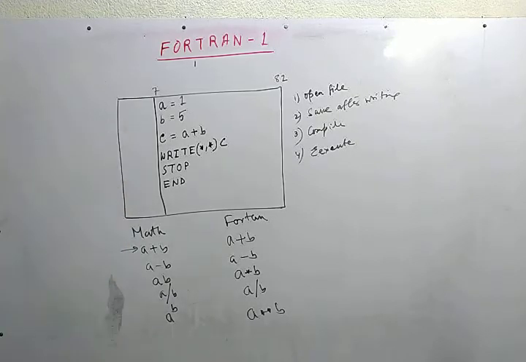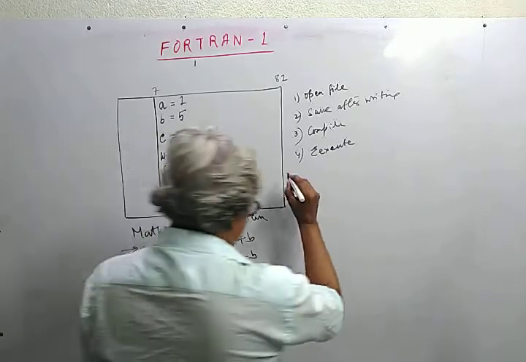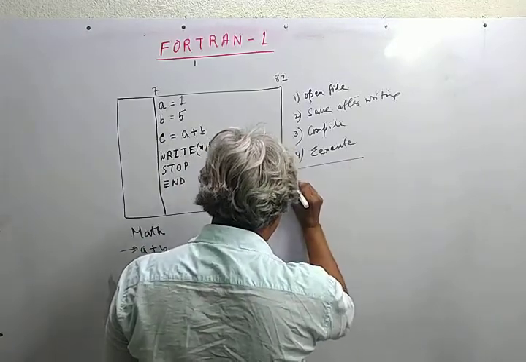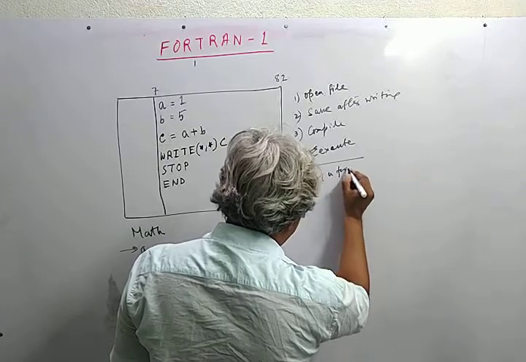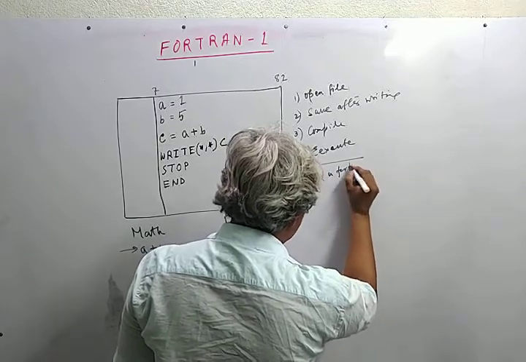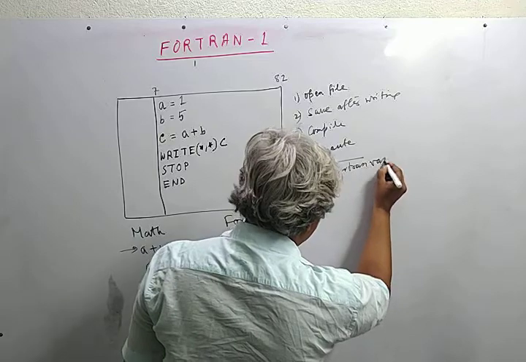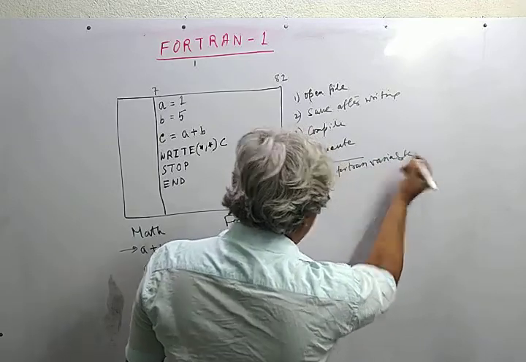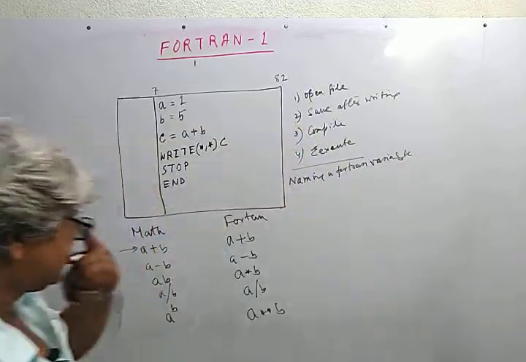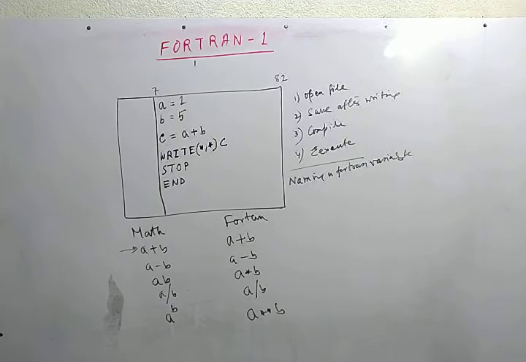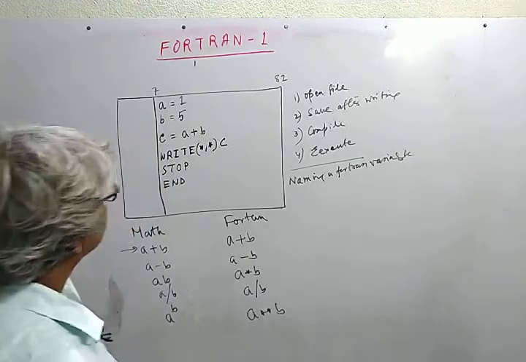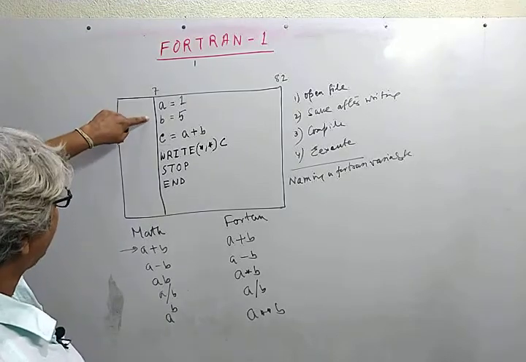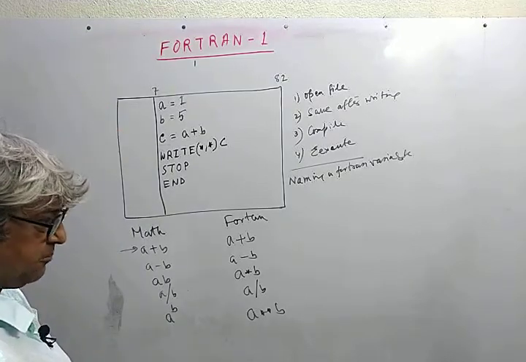Now coming to how to name a Fortran variable. The variable name must start with an alphabet, as I have seen here: A, B, C, they are the very simple things.